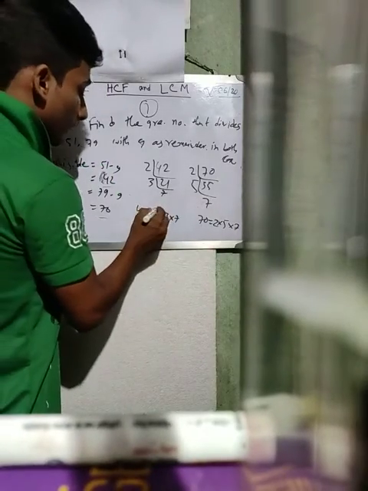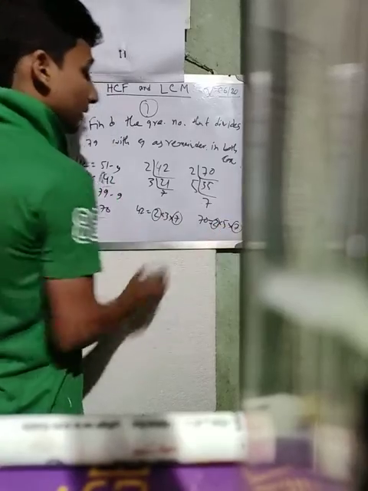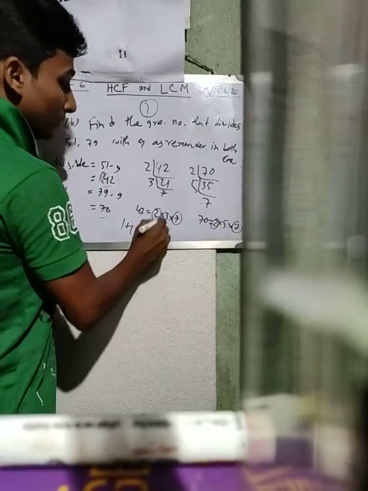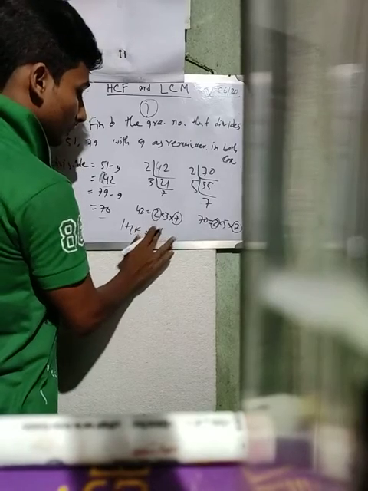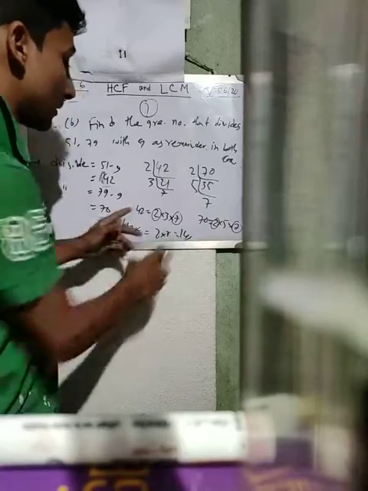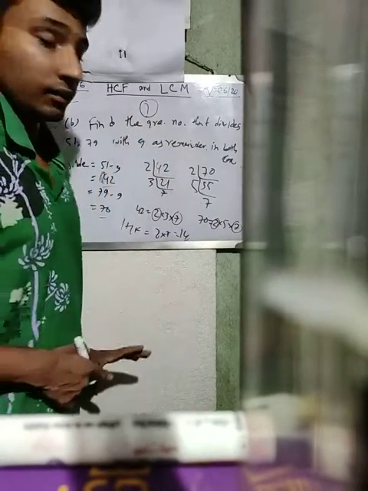So the common factors are 2 and 7. So here HCF is 14. 2 into 7 is equal to 14. And this is the maximum number which divides these numbers with 9 as remainder.